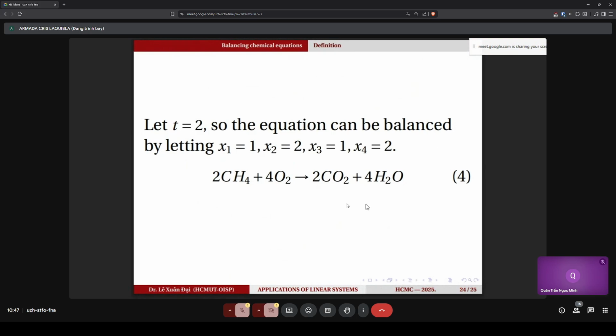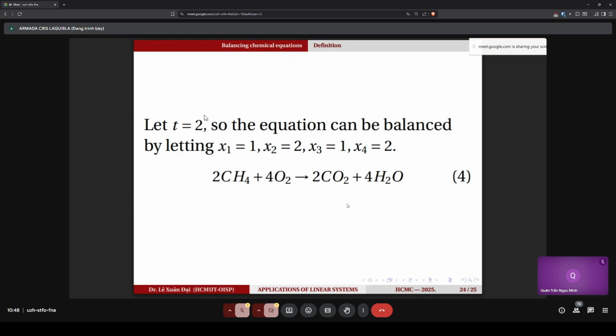You change them now, and we have this. And you will be shocked like, oh, why are they different? Yes, it says x1 is 1, x2 is 2, x3 is 1, and x4 is 2. Now if you substitute those values, it is correct, and this one also is correct. But in this one, your t there is 4.